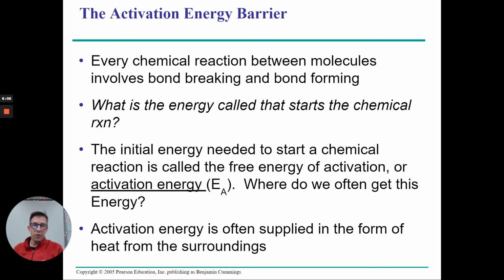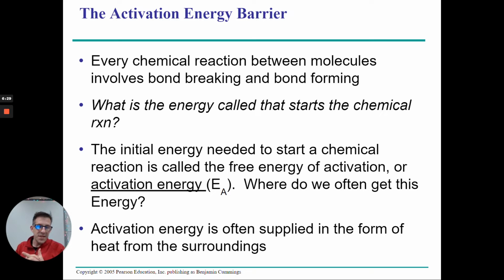And you have to overcome this initial energy investment, if you want to call it that. They call it activation energy, but we can call it energy investment. You always have to overcome it to make the chemical reaction occur, whether it is bond breaking or bond forming.